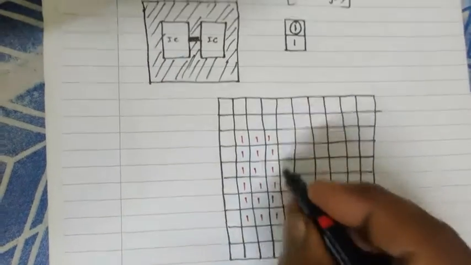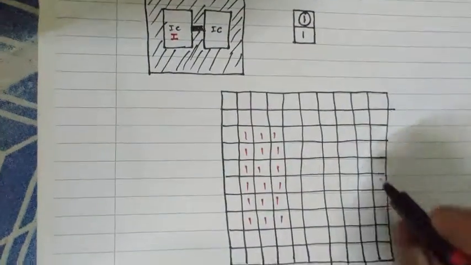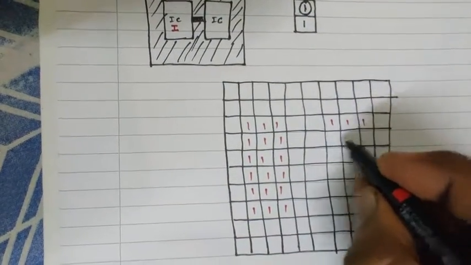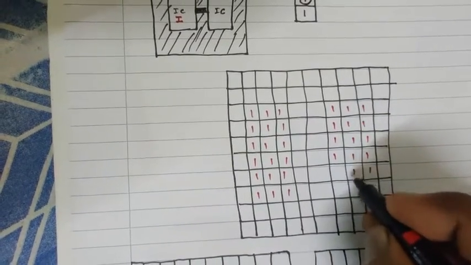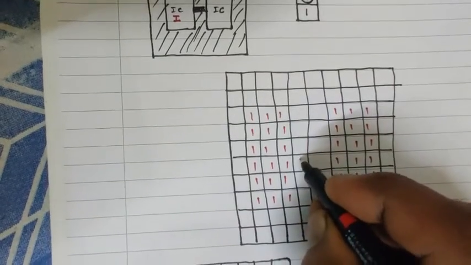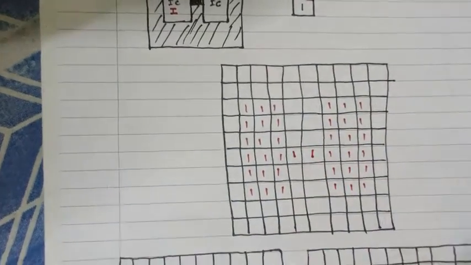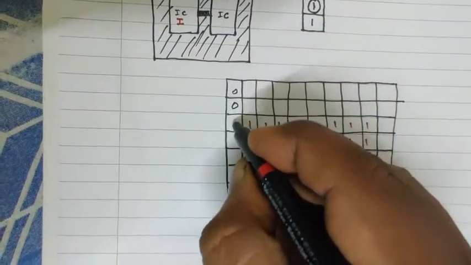These ones will represent this particular IC, and these ones would represent the second IC. The false line which is formed in between them is represented by these ones. Rest all of the pixel values would be zeros.